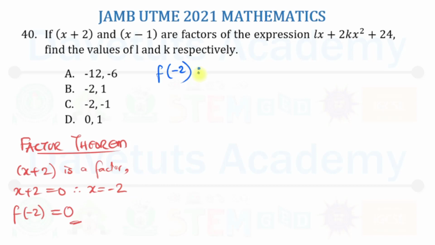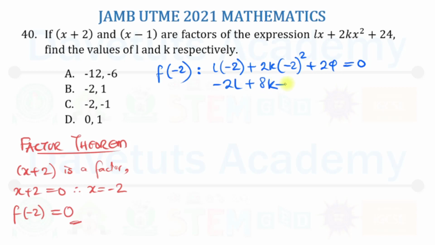So the function of minus 2 will give us, in this equation, L multiplied by minus 2 plus 2k multiplied by minus 2 raised to the power 2 plus 24. And that should yield 0. Okay? If we want to expand this, it will be minus 2L. Minus 2 raised to the power 2 is 4, 4 times 2 is 8, plus 8k plus 24 is equal to 0.